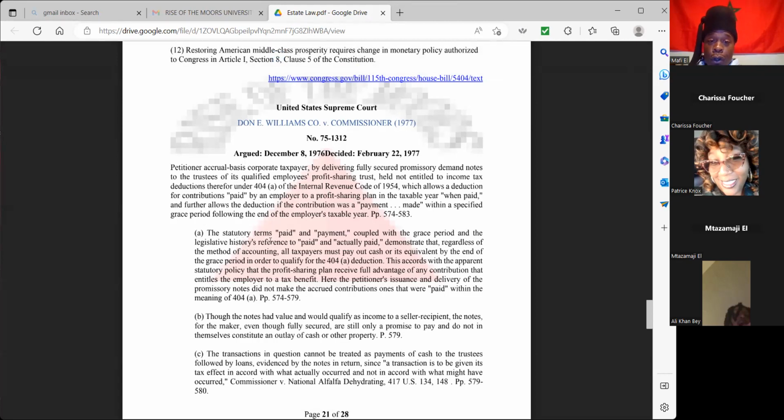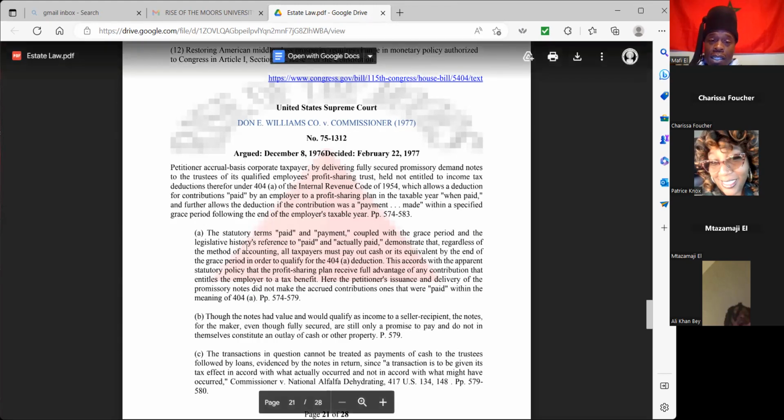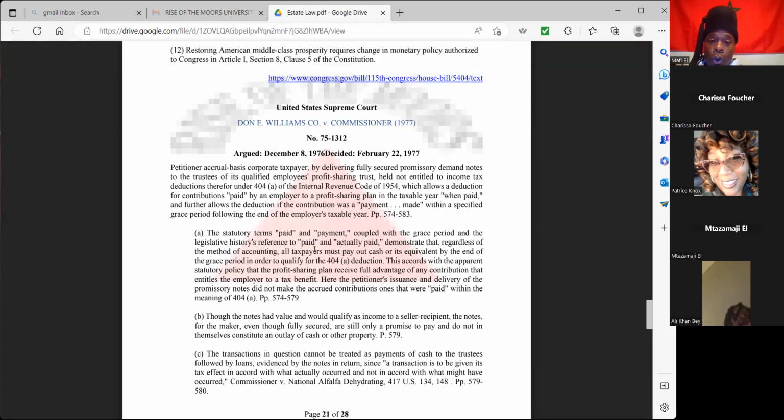The statutory terms "paid" and "payment," coupled with the grace period and the legislative history's reference to "actually paid," demonstrated that regardless of the method of accounting, all taxpayers must pay out cash or its equivalent by the end of the grace period in order to qualify for the section 404(a) deduction.